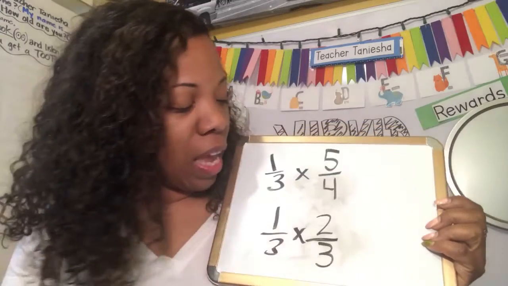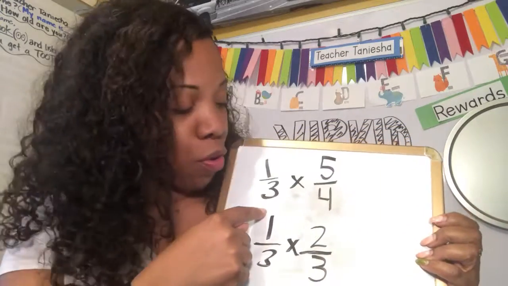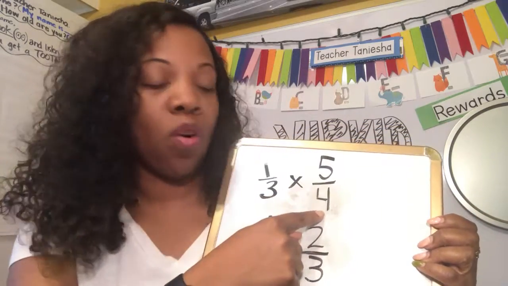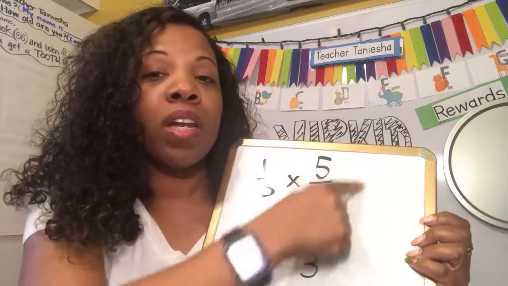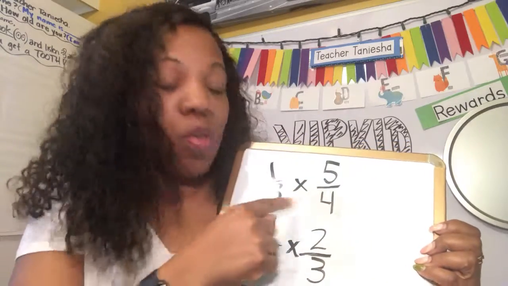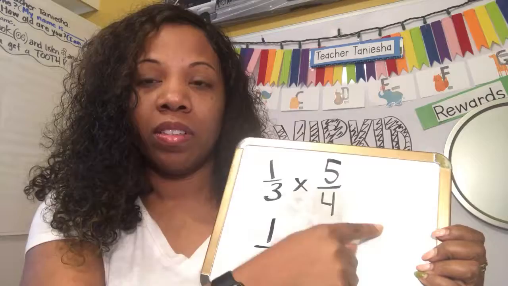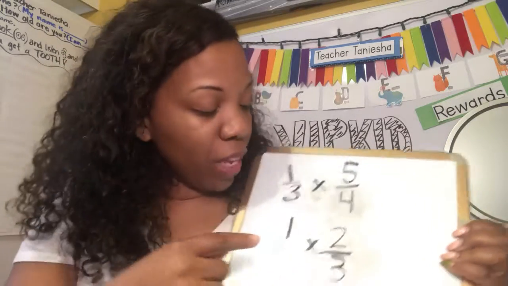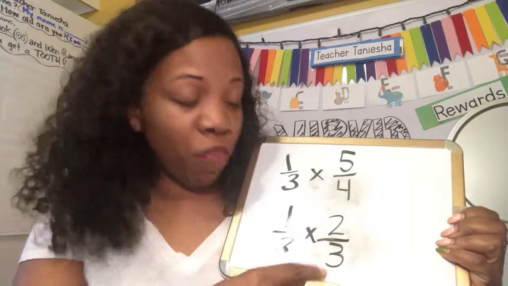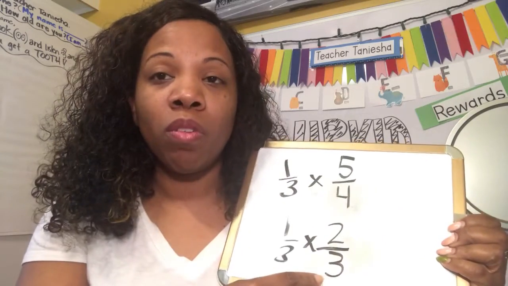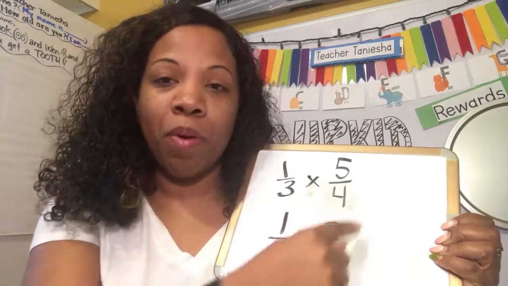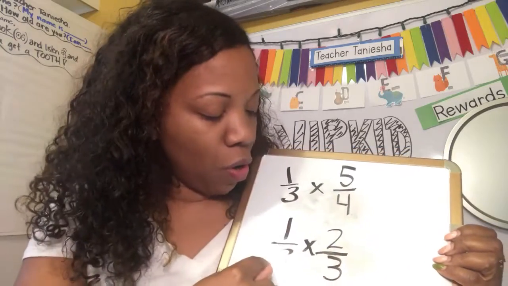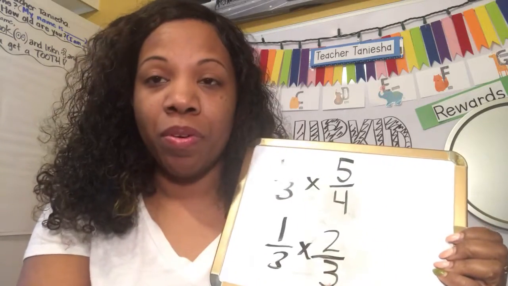So you're saying if I multiply 1/3 by a fraction greater than a whole, is my product going to be greater than 1/3 or less than 1/3? That's the thinking that you have. This is what the standard is calling for. If I multiply a fraction by a fraction that's less than a whole, what's going to happen? Is my product going to be greater than 1/3 or less than 1/3?